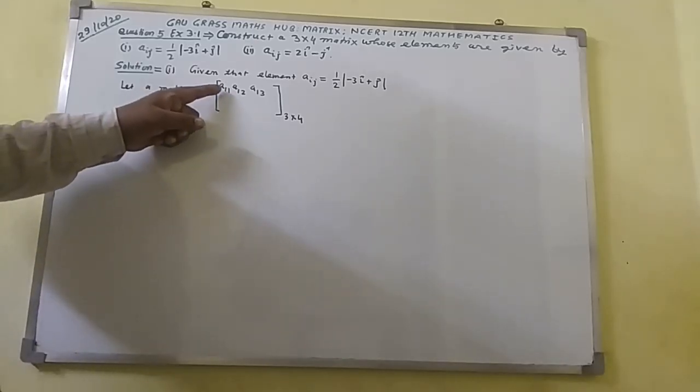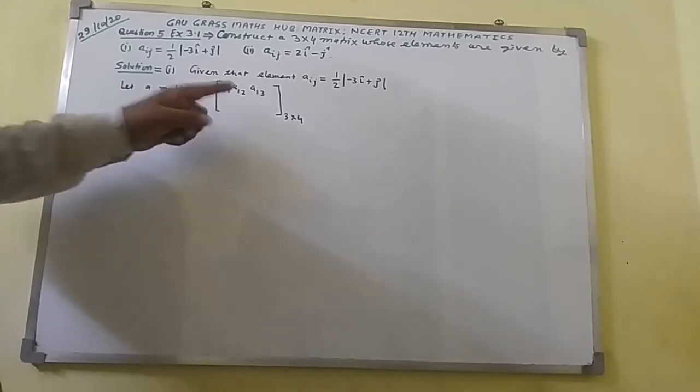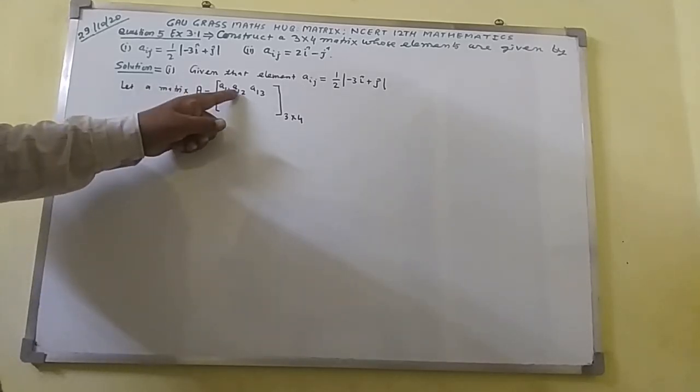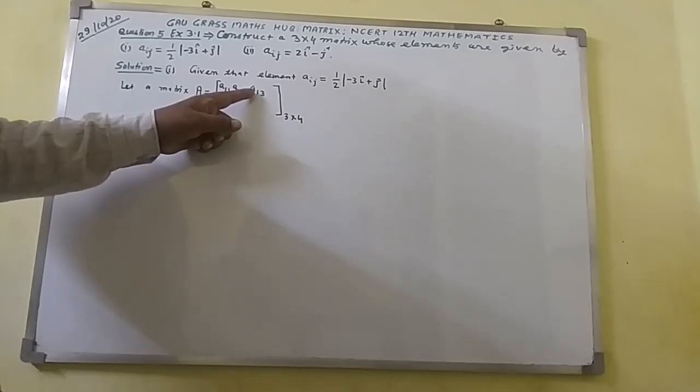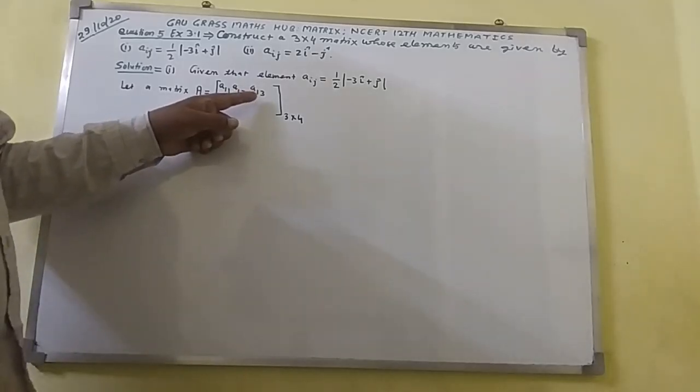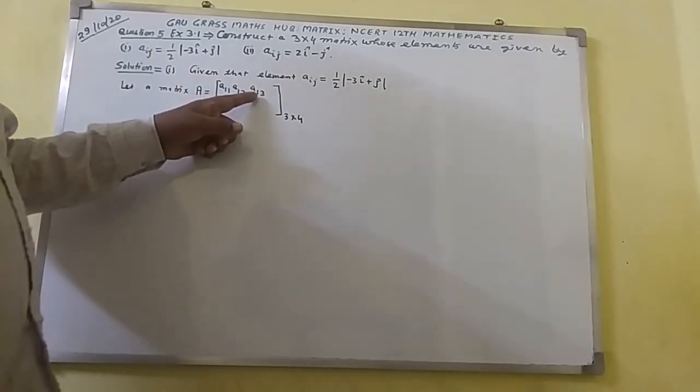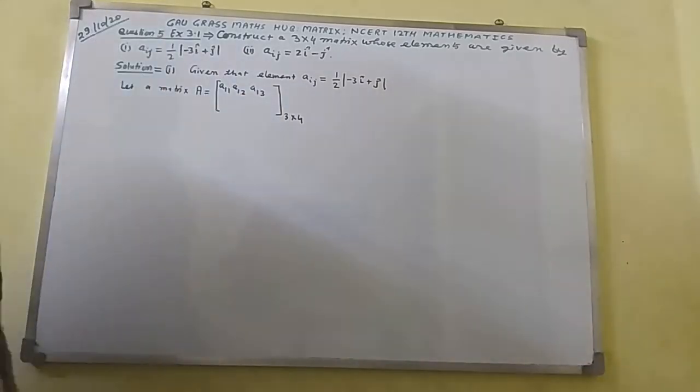This means that element a11 is in the first row, first column. This element a12 is in the first row, second column. This element a13 is in the first row, third column.